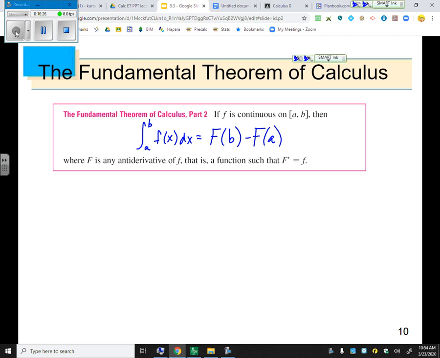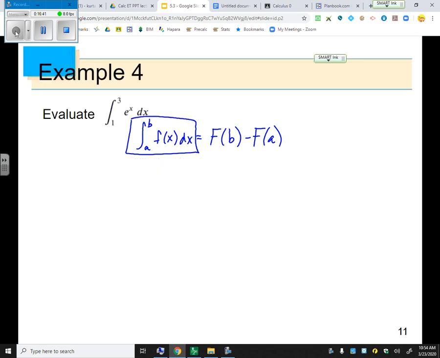Remember antiderivatives back in chapter 4? It's saying in order to figure out what this is equal to, all I have to do is simply take an antiderivative of the function. Let's see what that looks like.